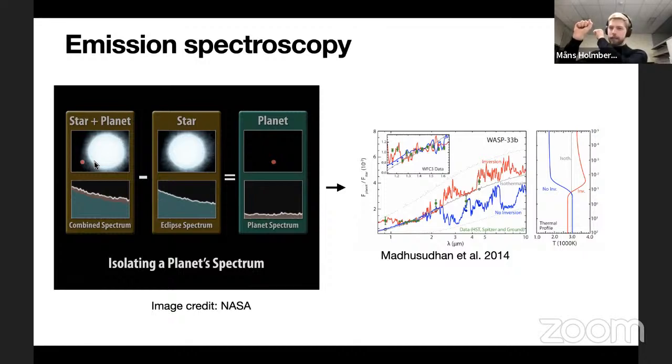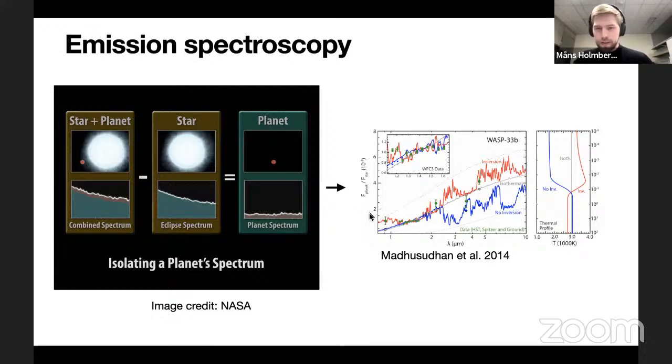You take a spectrum, then you wait until the planet is fully behind the star. So then there's only the stellar light. Take two spectra, subtract the two. What is left should be a planet spectrum only, with the stellar light subtracted. It's going to be fairly dim, but we can detect it.